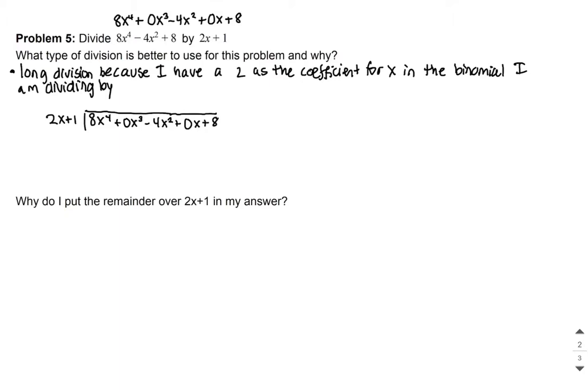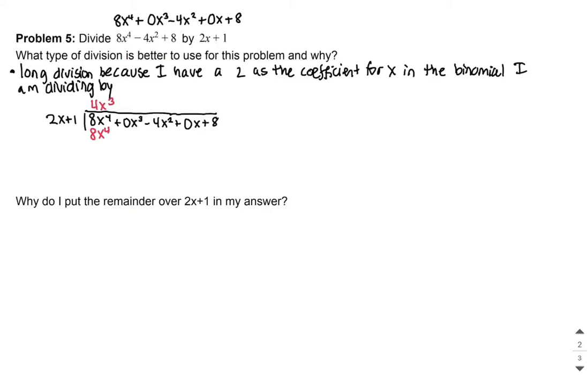I know that I have to multiply 2x by 4x cubed to get 8x to the 4th power. So I know that I want to put 4x cubed up here. I need to see how much I've taken care of so far. I need to multiply 4x cubed by both the 2x and the 1. I know that 4x cubed times 2x is 8x to the 4th power, which is what I wanted.